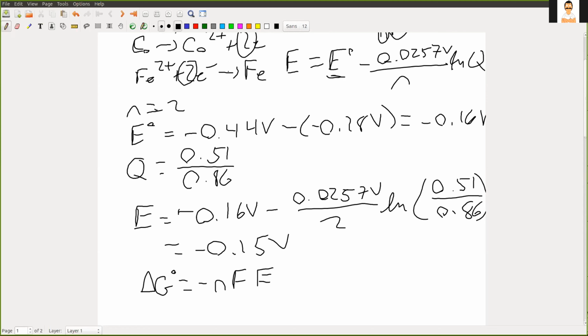You could also say delta G naught is equal to negative NFE naught, but we're not worried about that because this is not in standard state. So we're just looking at delta G in general. When you do that, you find that as long as the cell potential is negative, our change in Gibbs free energy will be positive. Therefore, this is non-spontaneous.